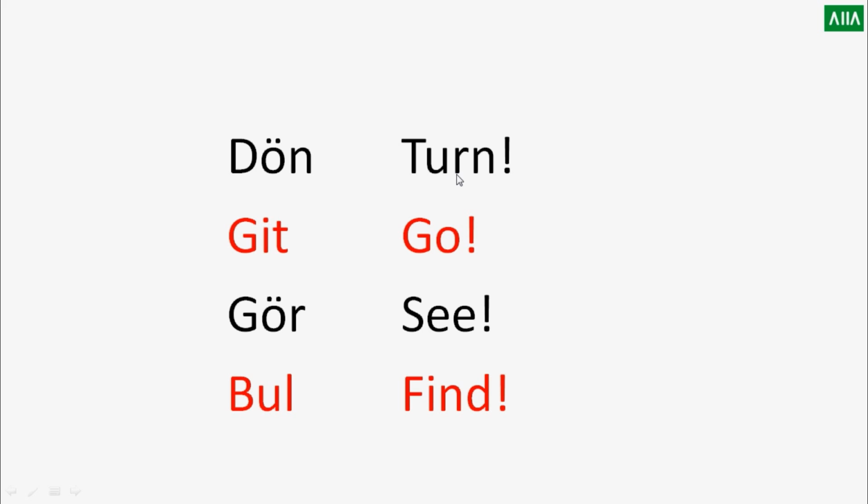Dön, git, gör, bul. For example, you will see, you will find, you will turn, you will go. In Turkish, you may hear this. Probably you will hear this if you have a dialogue with people.